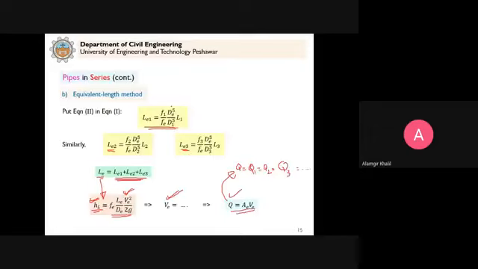So let's say we have pipe 1, similarly we have pipe 2 and we have pipe 3. And now we have to consider which one can be the effective pipe.